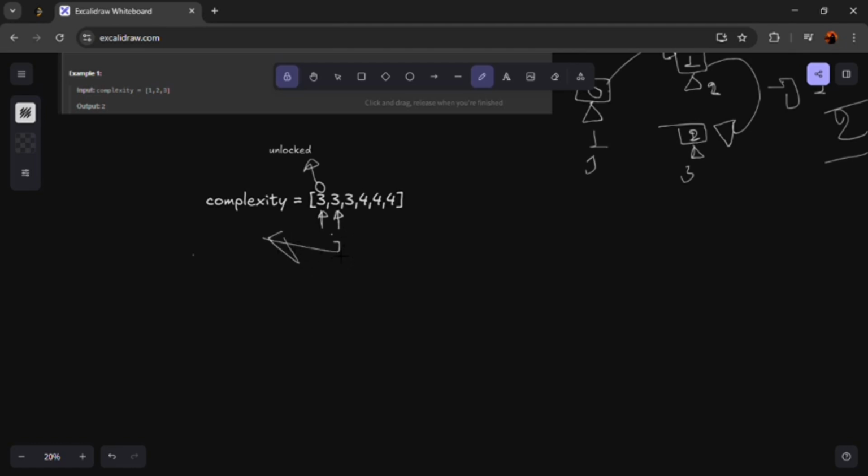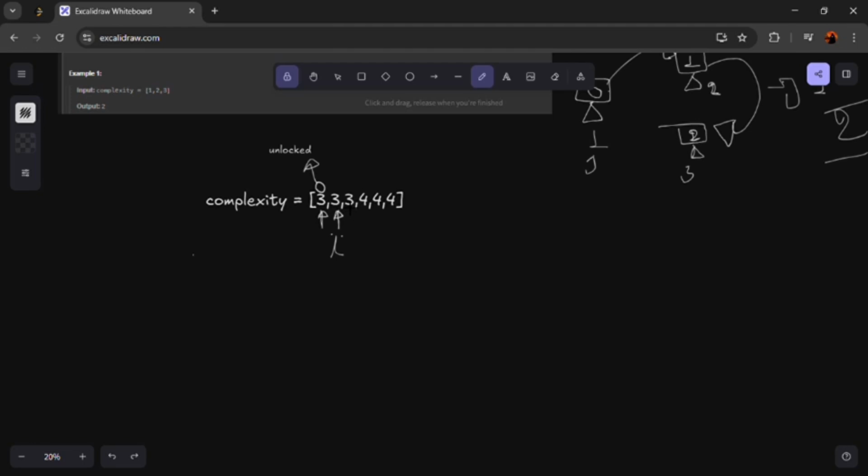If we are currently at this I index, and we have to find the jth index in the left side, okay. But we can see that this 3 is not less than this 3, okay. So what we have to do, we can't unlock this computer, okay.